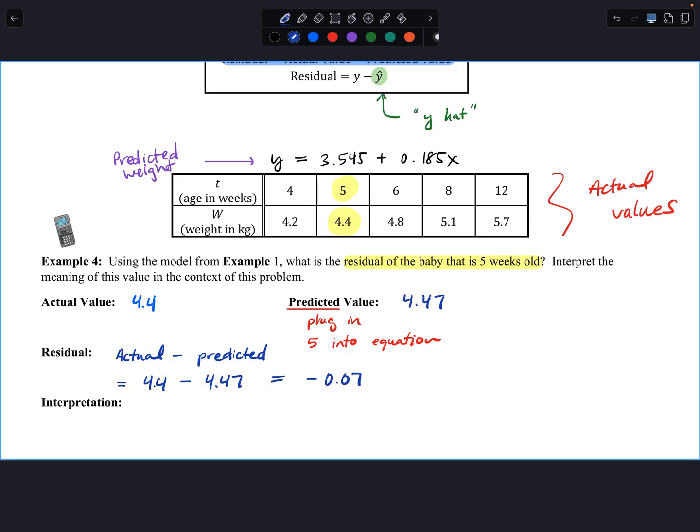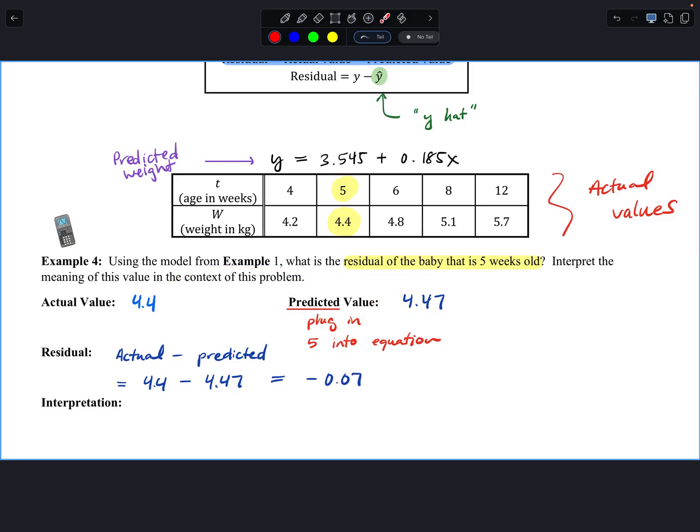So interpretation. Is our model pretty accurate, you guys say? It's pretty accurate. However, which was bigger, the actual value or the predicted value? Predicted value. So does it make sense that the predicted value shows that the baby weighs more than it actually did?